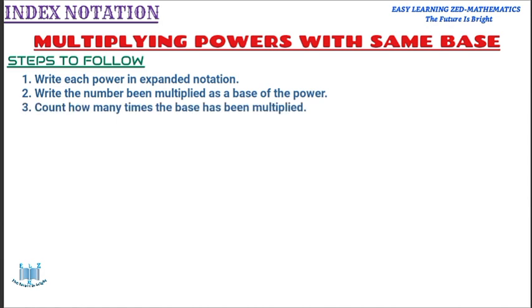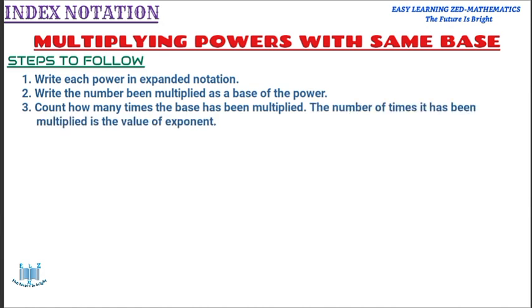Once you have written the number which is being multiplied, the next thing you need to do is count how many times the base has been multiplied. The number you wrote down is the base of the power, so you count how many times that base has been multiplied. The number of times it has been multiplied is the value of the exponent.